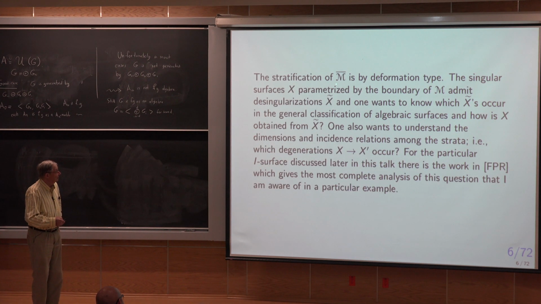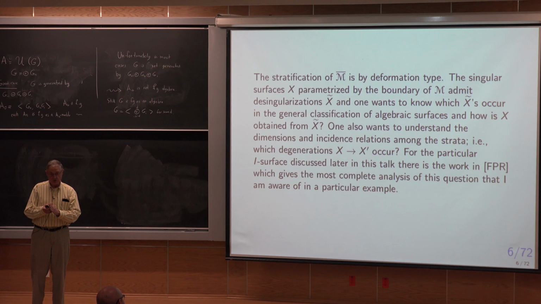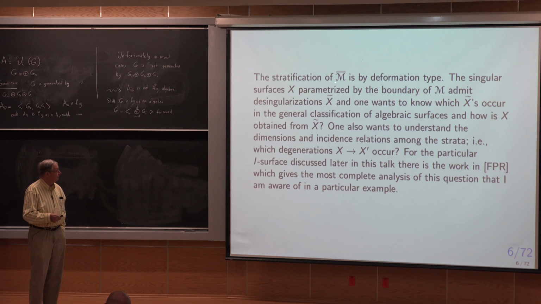The stratification of the moduli is by deformation type. So deformation can be here either of smooth varieties, which remain smooth, or of singular varieties, which deform in such a way that the singularities remain locally the same, so-called equisingular. That's how one would stratify moduli, including singular varieties.